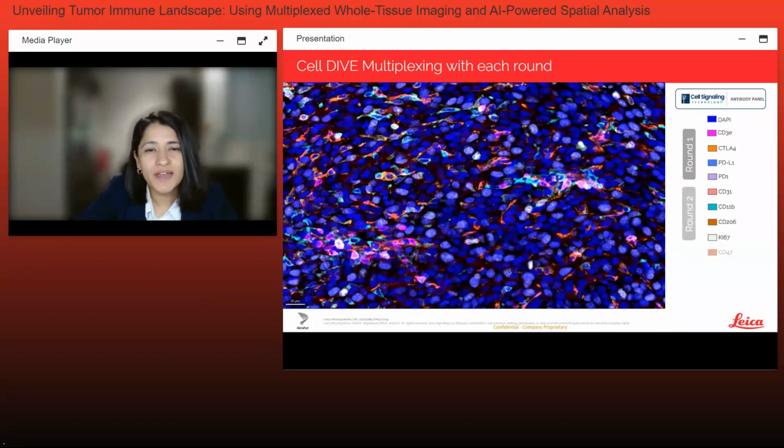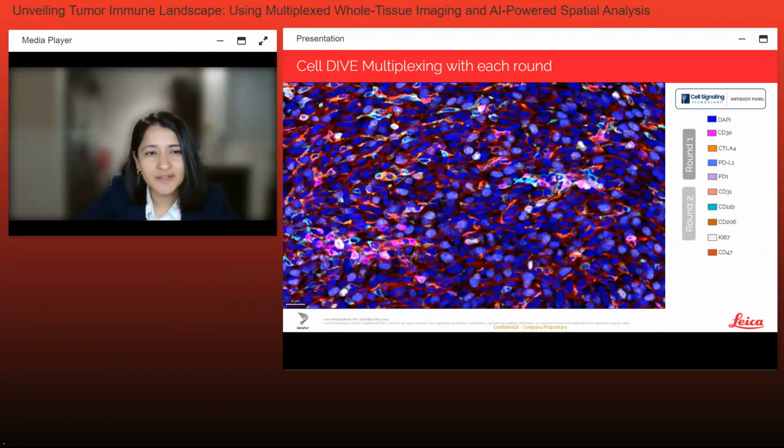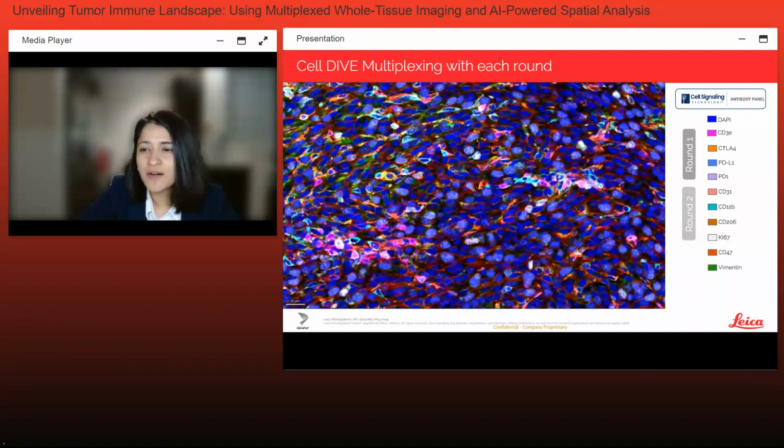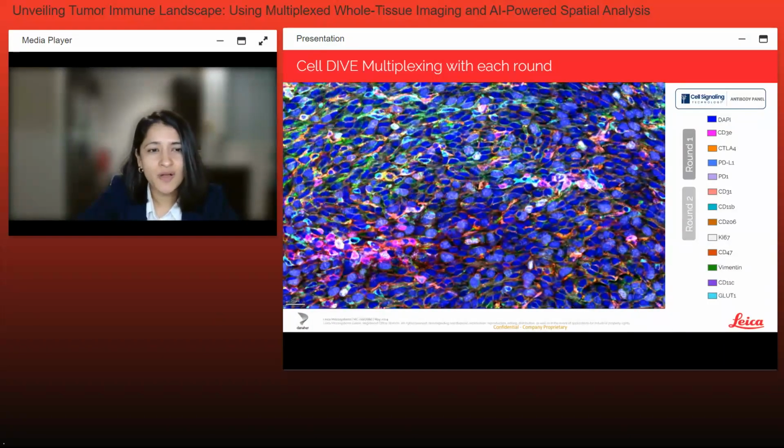And this is followed by tumor immune markers like CD47, mesenchymal marker vimentin, dendritic cell marker CD11c, and hypoxia marker GLUT1 in round 3. And we can continue staining and imaging for more rounds to determine various cell types within the whole tissue.